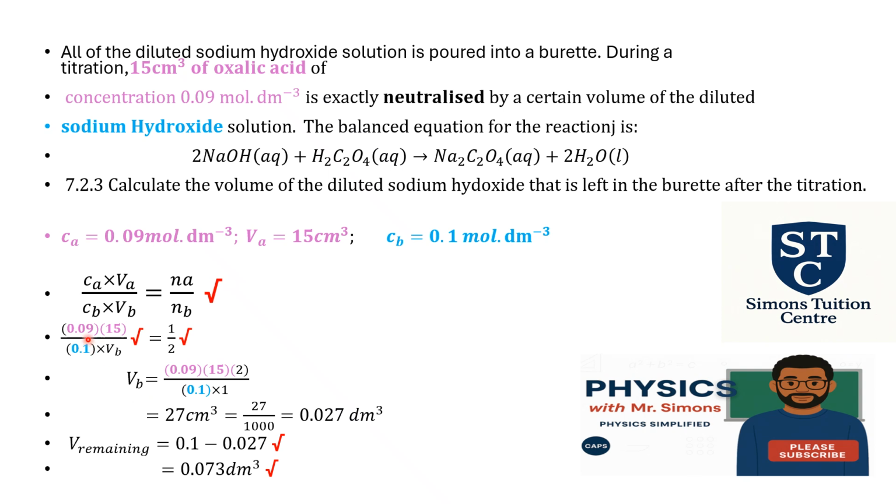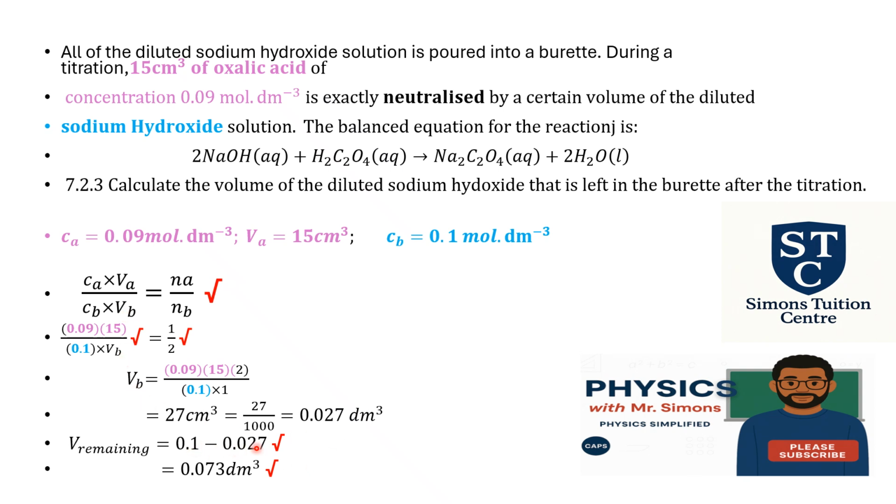So VB equals 0,09 times 15 times 2 over 0,1 times 1, which gives me 27 cubic centimeters. To convert to decimeters, 27 divided by 1000 equals 0,027 decimeter cubed. So I started with 0,1 decimeter cubed of base. That 0,027 was the volume used.